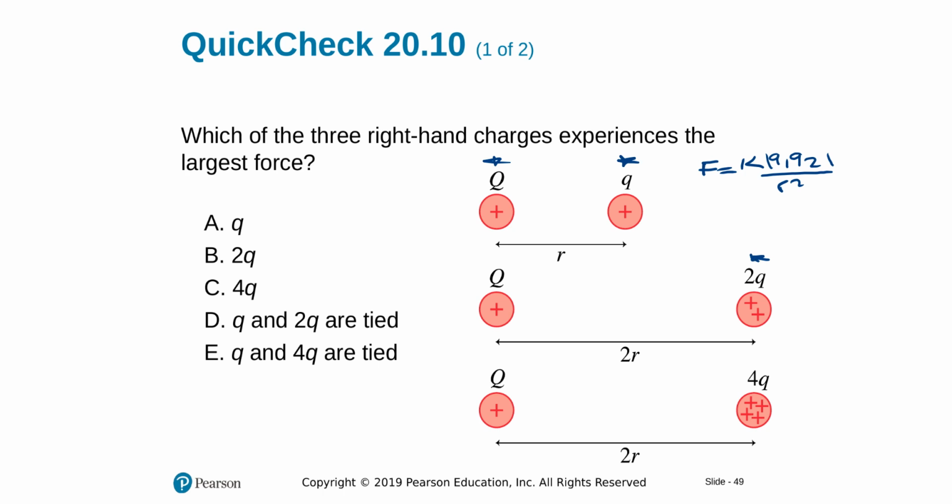You can overall write down all the forces and see what's happening. Let's call this F1. It's a push, right? For the first option we have F1, let's say. For the second option we have F2 and F3 for the third option.